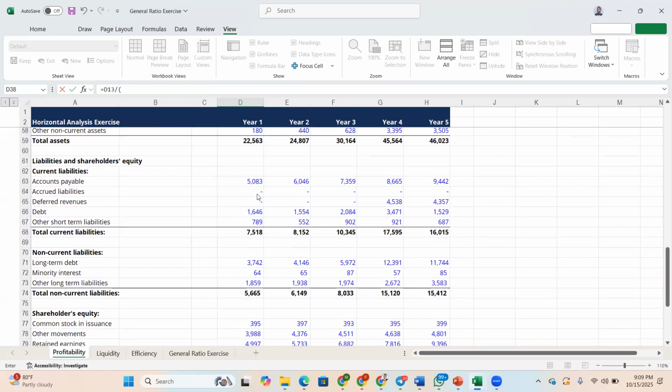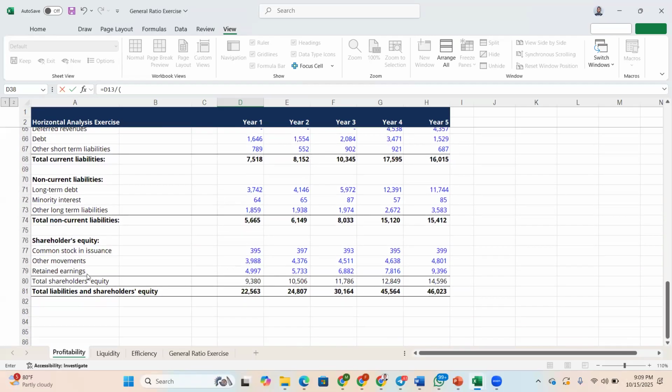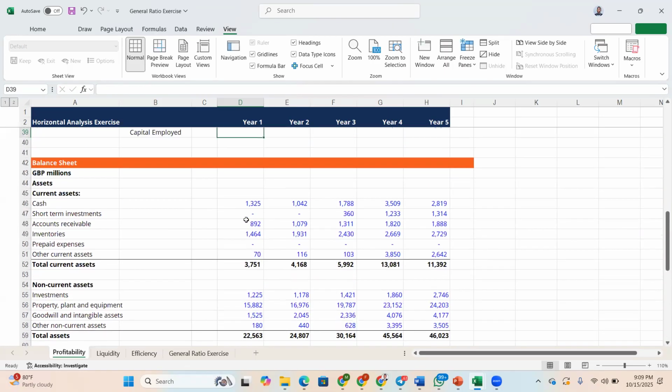Shareholders' equity is 9380 plus non-current liability, which is 5665. So that's your capital employed. You close your brackets and press enter.